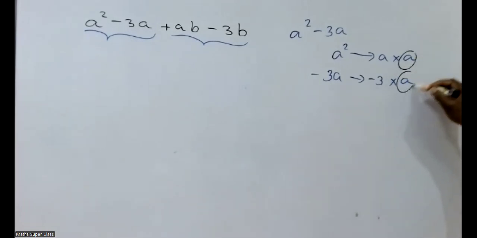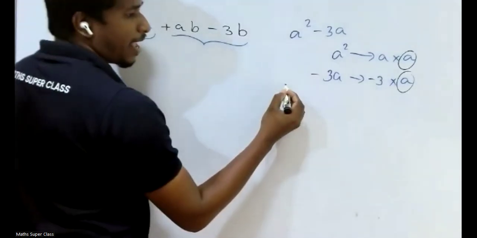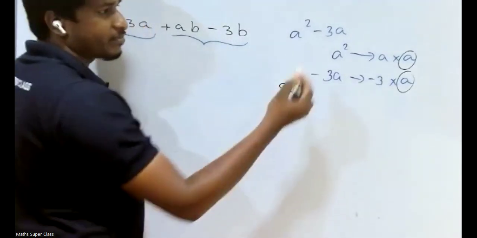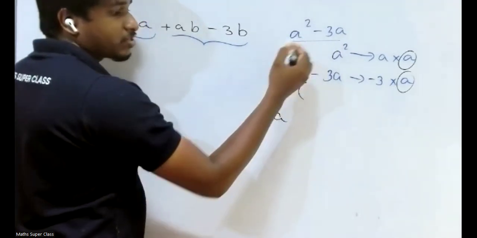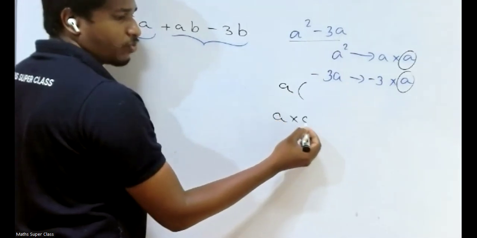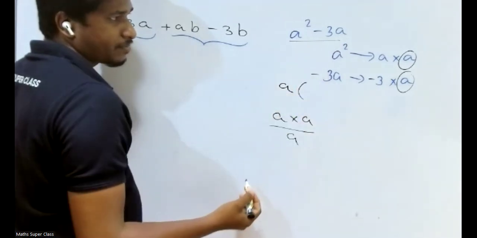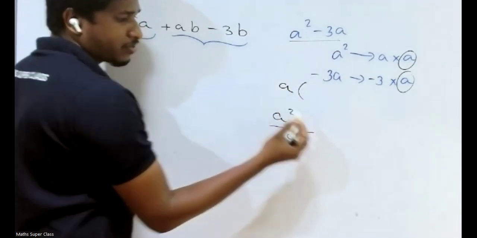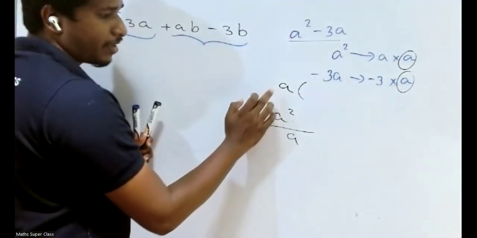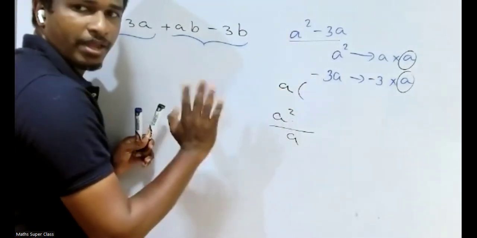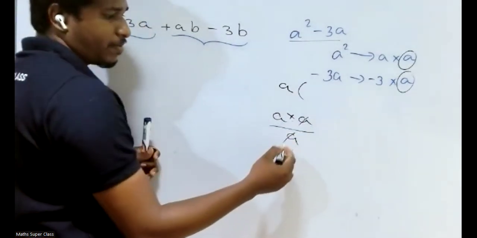a and a. So, we can write this like this. a is the common factor. a square means a into a. a square divided by a. a into a divided by a is a.